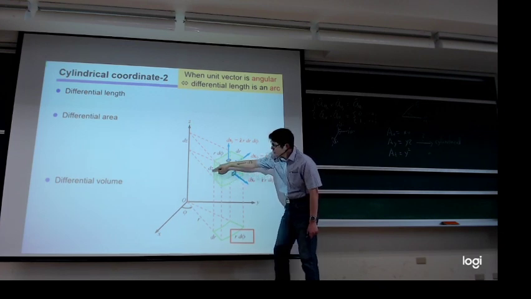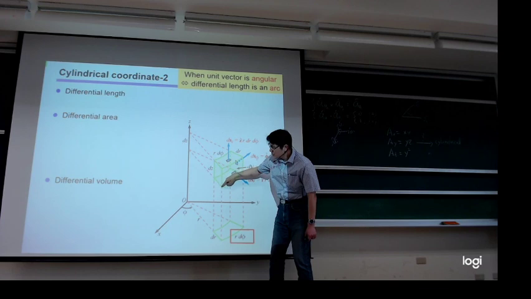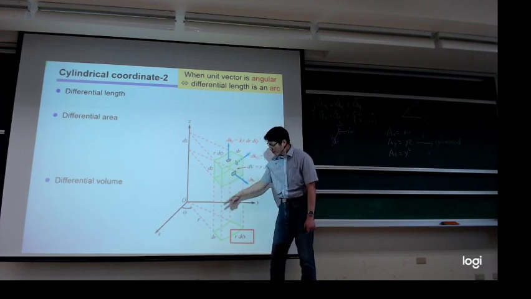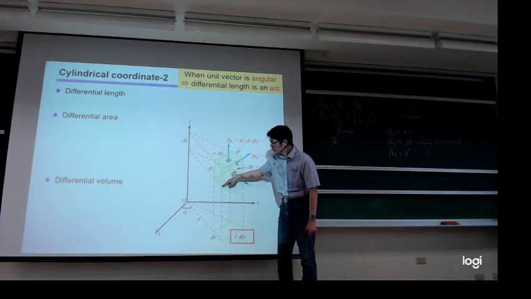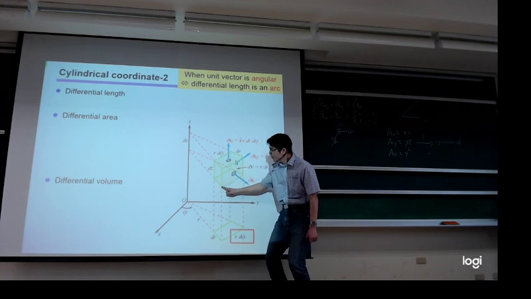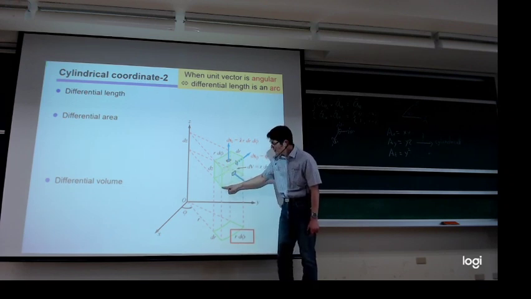We initially have the initial radius, and then we increase the radius slightly by dr, so we walk from this point to this point, then we have r plus dr. And then we can change our height from z to z plus dz.